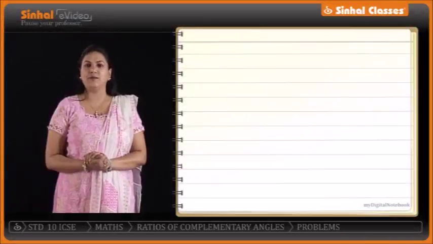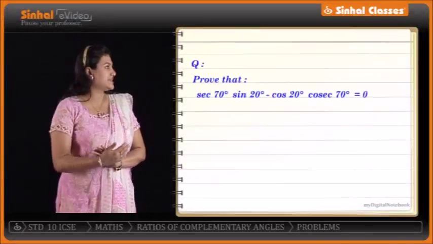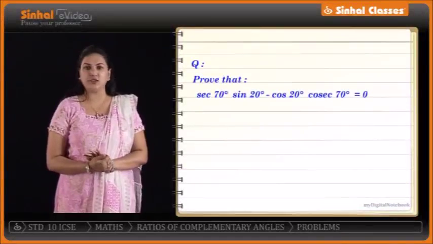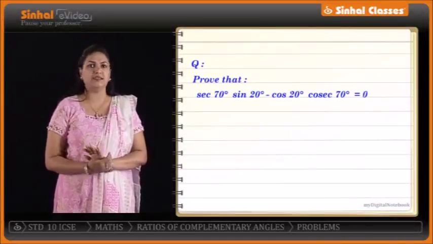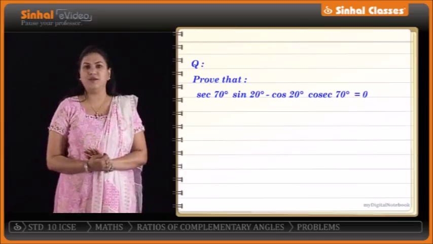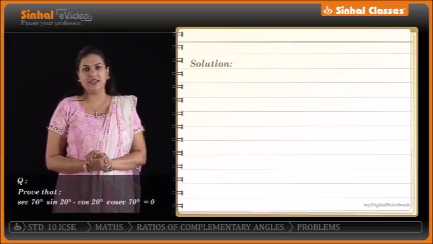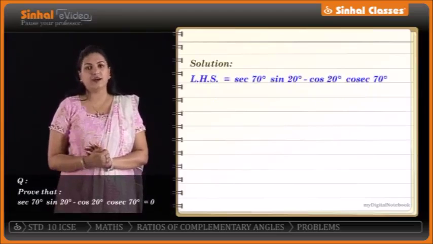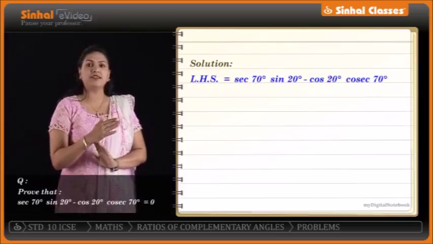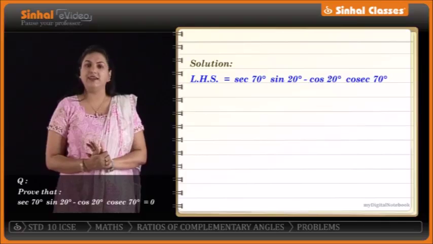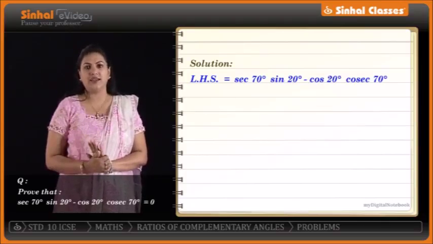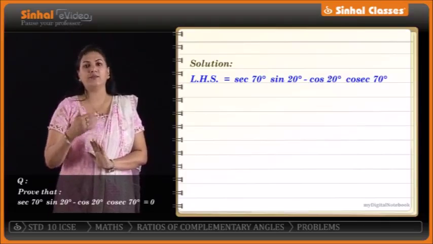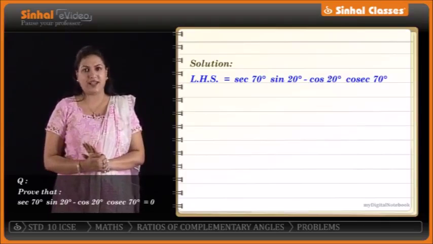Let's take the next problem. Prove that sec 70 into sin 20 minus cos 20 into cosec 70 equal to 0. Now we obviously start with the LHS. Now in the first term in LHS we have sec and sin. First thing, we will convert sec to cosec, and then cosec can be written as 1 upon sin.